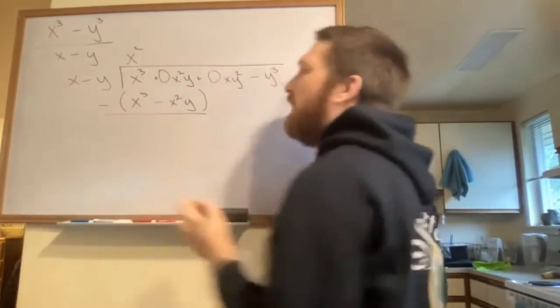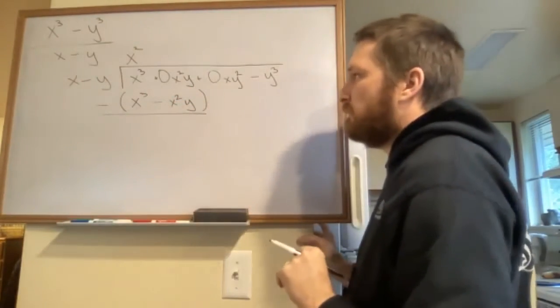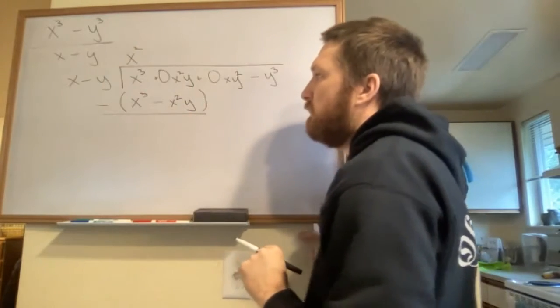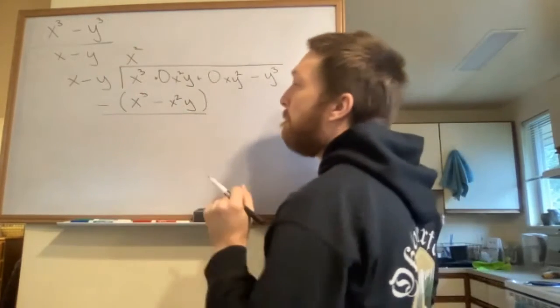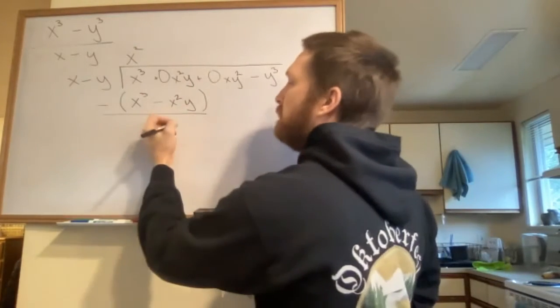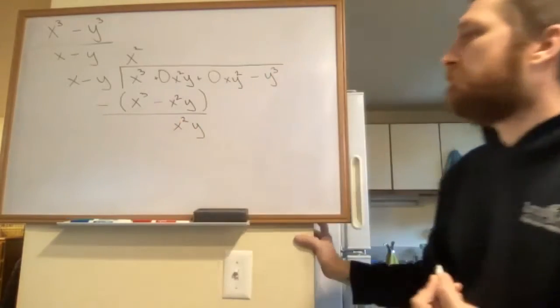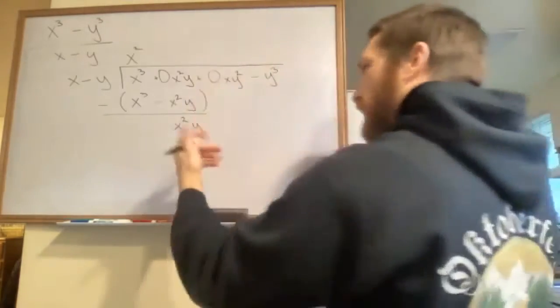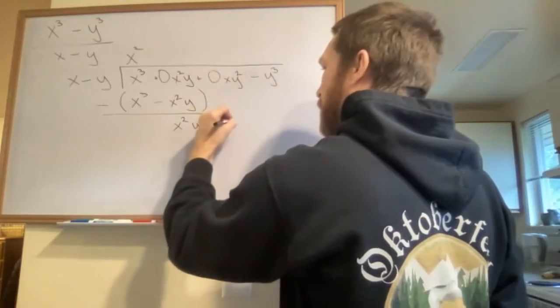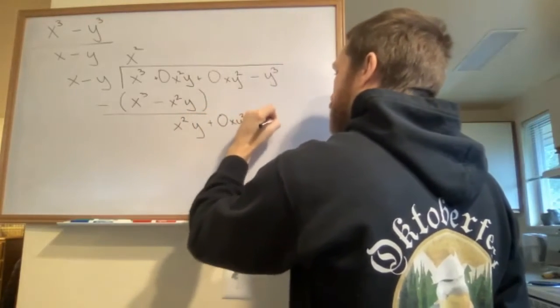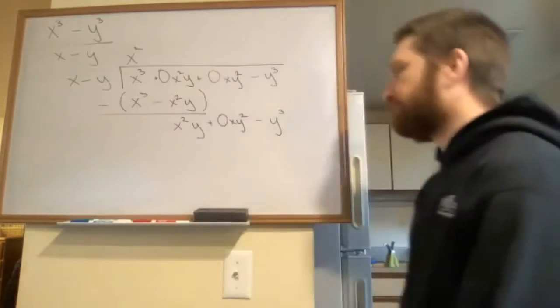Now, when I subtract that off, what do I get? 0, and then you get plus x squared y. Okay, and let's just go ahead and drop all these guys. We get a 0, xy squared minus y to the third.